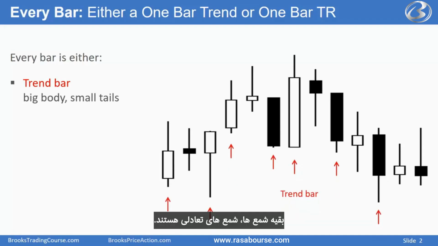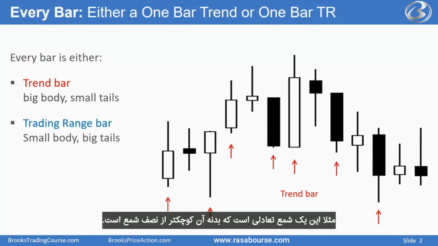And the only other kind of bar that I see on a chart is a trading range bar, a bar in which the bulls and bears were about equal. They have smaller bodies, typically less than half of the size of the entire bar. Sometimes a trading range bar can be a very big bar, as long as the body is relatively small compared to the height of the entire bar.